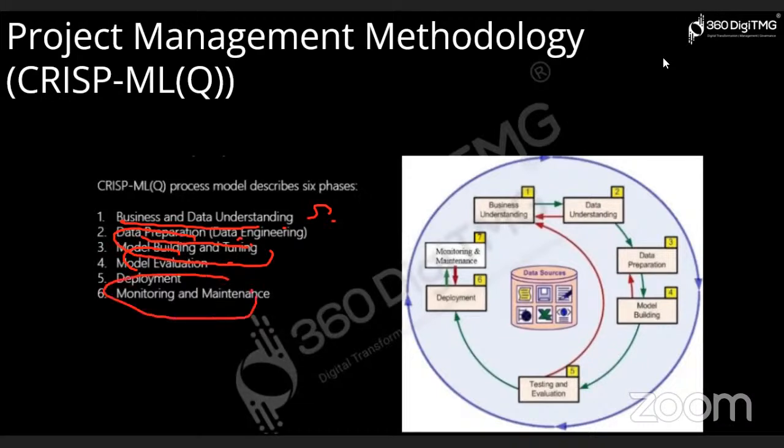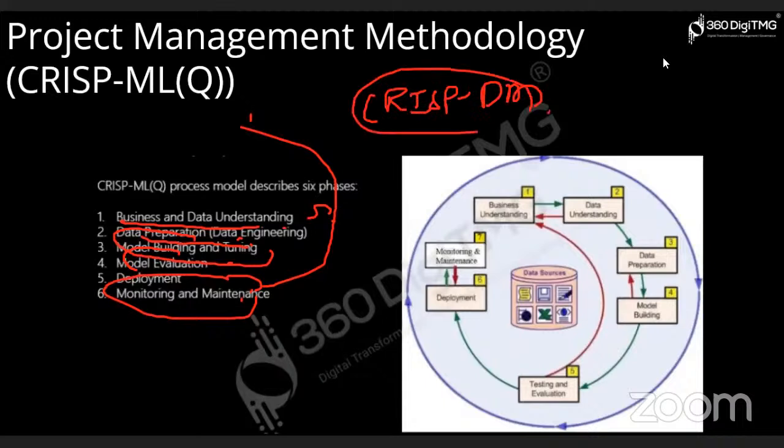In the end, we will be having monitoring and maintenance. We also discussed this in the previous class. Previously it was called CRISP-DM, which didn't have monitoring and maintenance, but in CRISP-ML, monitoring and maintenance has been added.